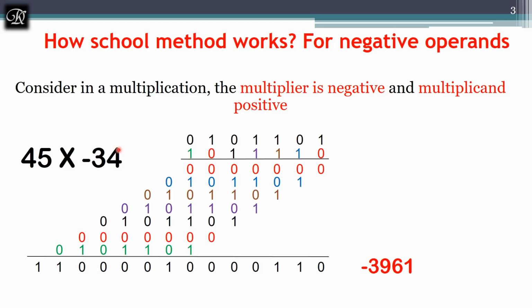How to find it? First find 34 in binary and find the 2's complement for that, then you will get a value, and you have to add an extra bit to the value, that is the sign bit. 0 represents a positive number, 1 represents a negative number, and this is the negative version of 34.